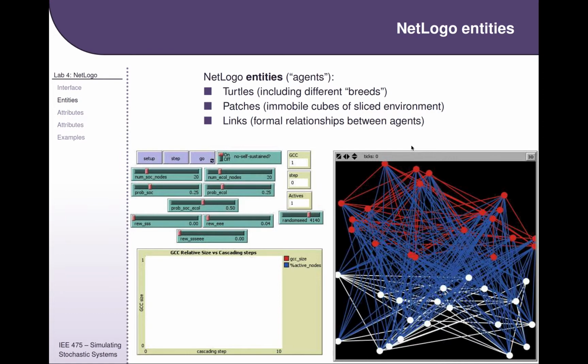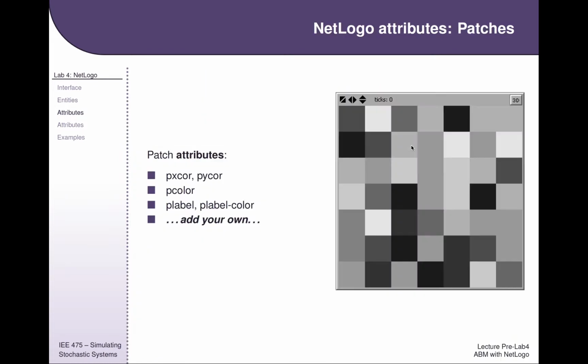Those links can move around as the agents that they're tied to move around. The links can have their own attributes, just as the patches can have their own attributes, and the turtles and all the different breeds of turtles can have their own attributes. That's why we still view the links as entities as opposed to just some simple relationship. They really have agency in this modeling framework.